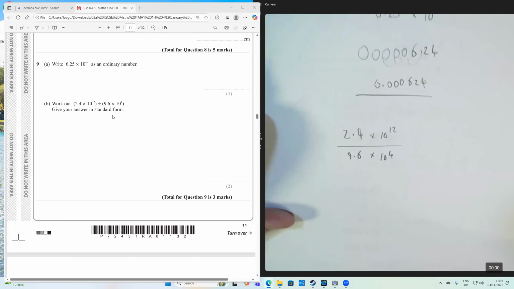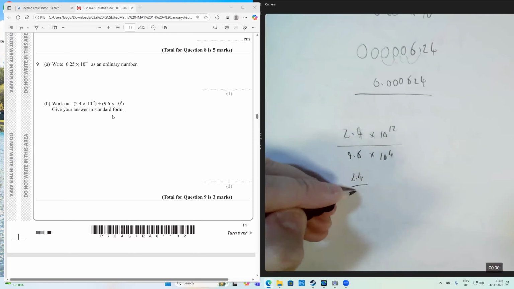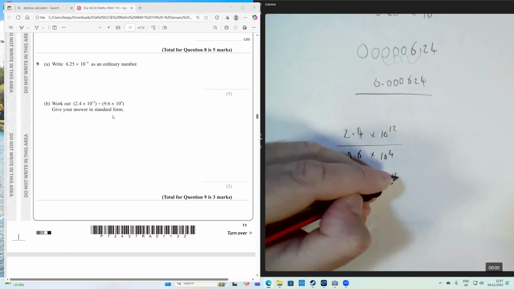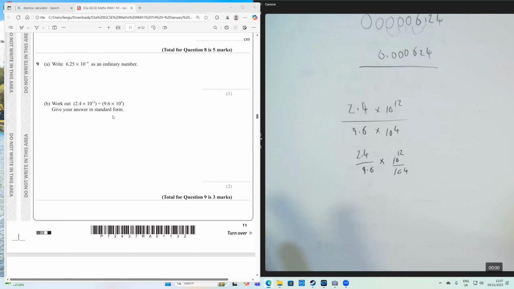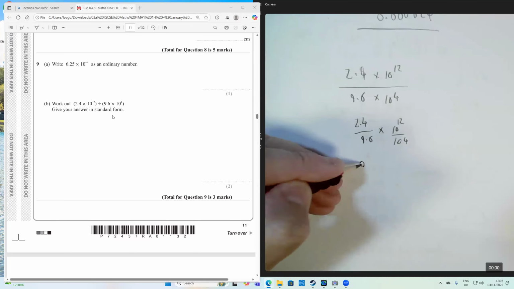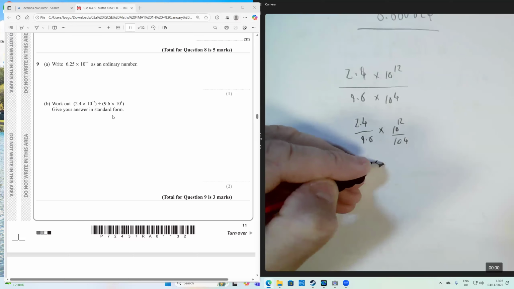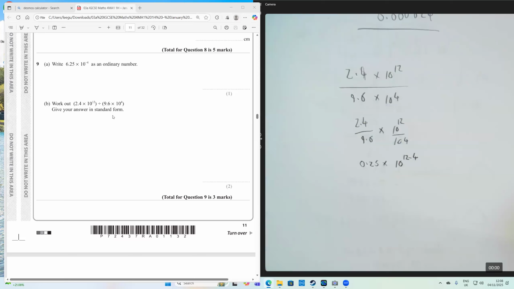Now, because these are all multiplied together, this can be thought of as 2.4 divided by 9.6 times 10 to the 12 over 10 to the 4. So we can break that down in that way. And 2.4 divided by 9.6 is a quarter. That's kind of useful. So let's write that as a decimal, 0.25. And this is going to be 10 to the 12 minus 4.